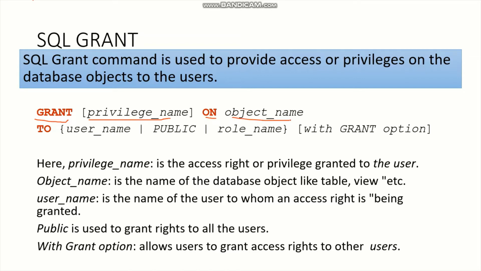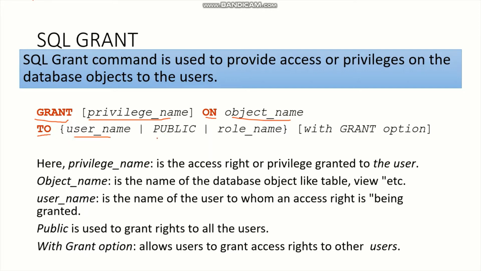It can be the entire database, a table, or even a column in a table. We can also apply this on other objects like transactions, functions, views, etc. After that we must mention the user. So for that we must type to and then the username.